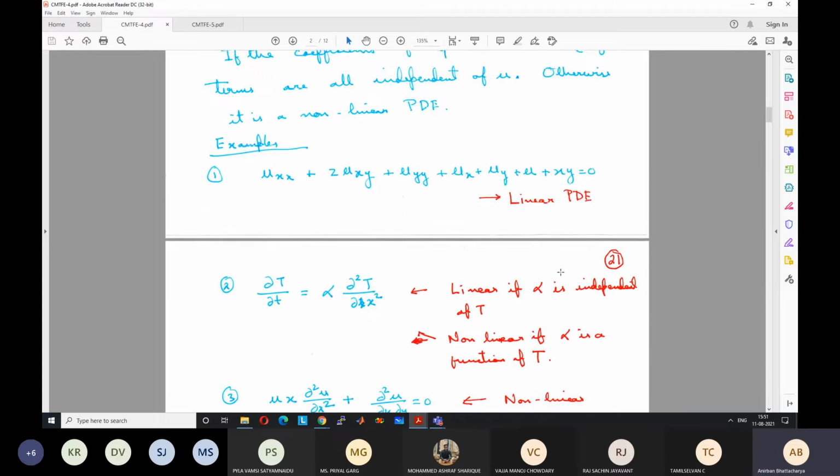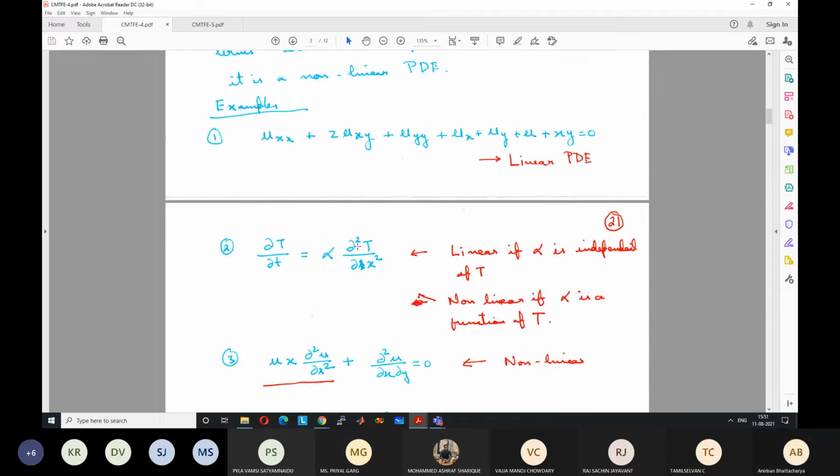Okay. Similarly, this 1D transient heat conduction problem: ∂T/∂t equal to alpha ∂²T/∂x². It will become linear if alpha is independent of T. If alpha is constant, alpha is the diffusivity, right? For the math students, I'm saying.